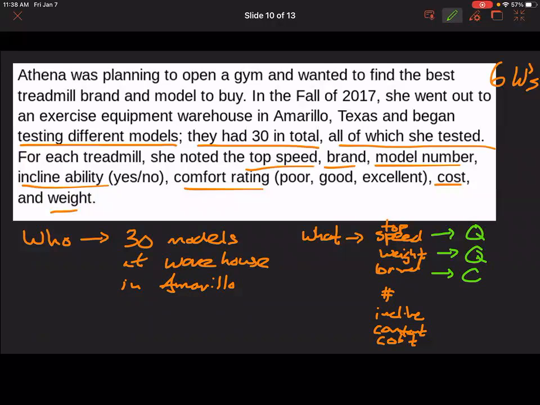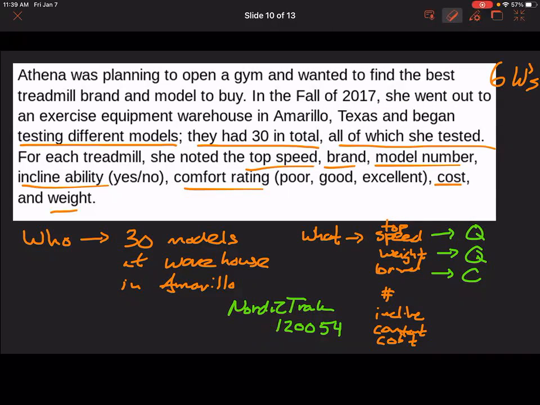Then model number. Let's say it's a Nordic Track treadmill and the model number is 120054. That's just the model number the company uses to keep track of the different treadmills.